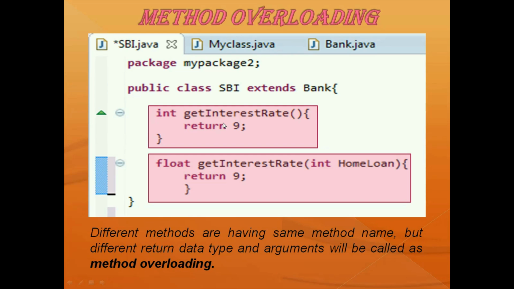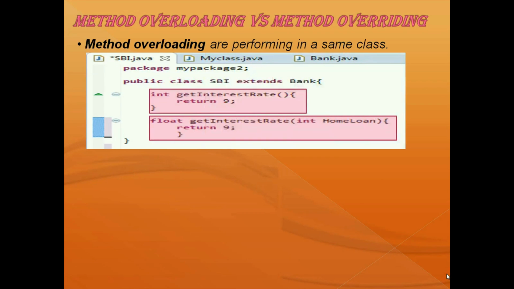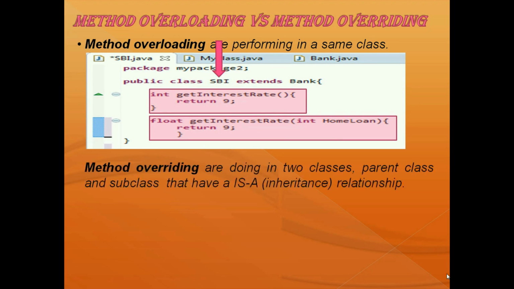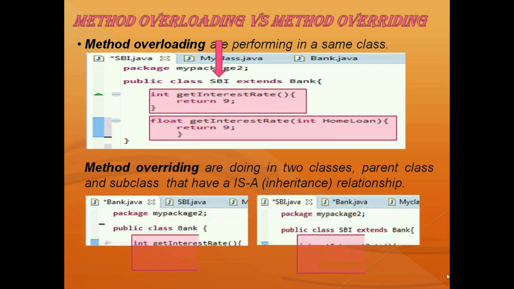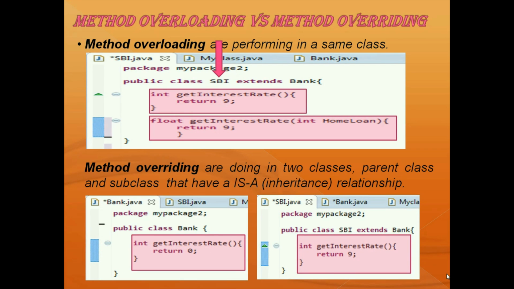Confused between method overloading and method overriding? I will tell you the difference. Generally, method overloading is performed in the same class, but method overriding is done in two different classes, parent class and subclass.